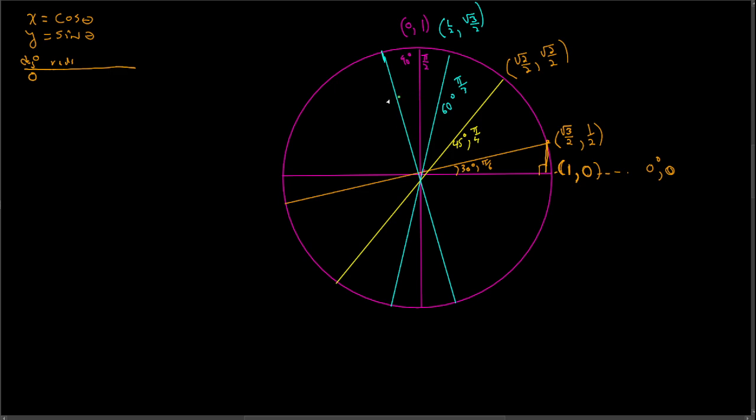And so this is now 120 degrees, or 2 pi over 3. And that's going to have the values of negative 1/2 for the cosine, and positive root 3 over 2 for the sine.